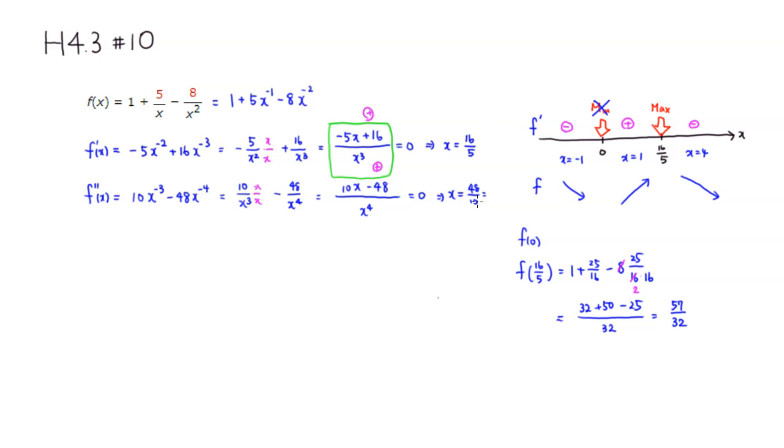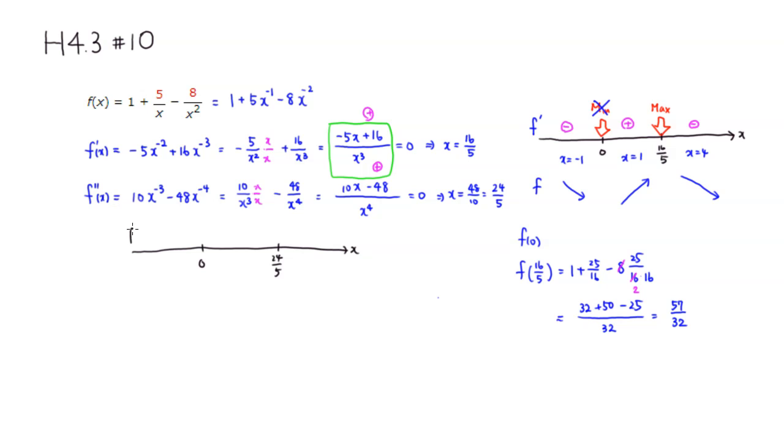I could actually divide by 2, so you're going to get 24 over 5. That's the point where we put the tick marks here. We have to put the tick mark at 0 and then also 24 over 5.